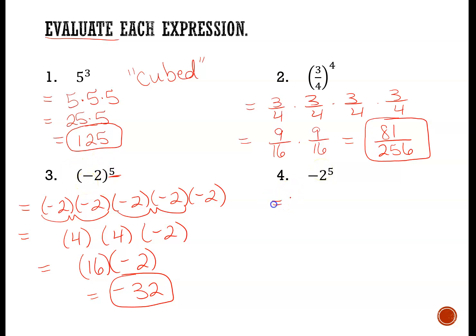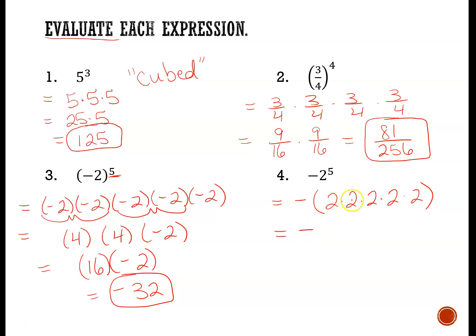So what I like to do is just drop that negative sign down. And then I'm going to hold it out, okay? It stays out front. And then I just ignore the negative and say, okay, well, 2 to the 5th would be 2 times 2 times 2 times 2 times 2. And then on the next step, that negative still comes down. When it's out in front with no parentheses, it will stay all the way through the problem.